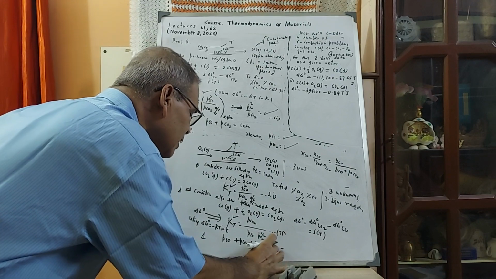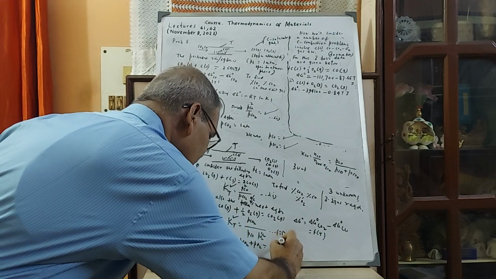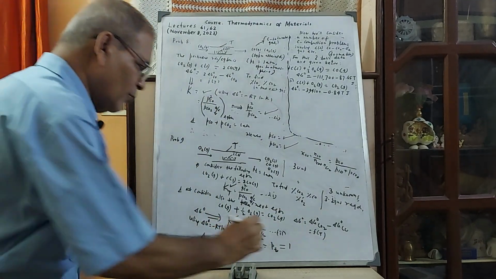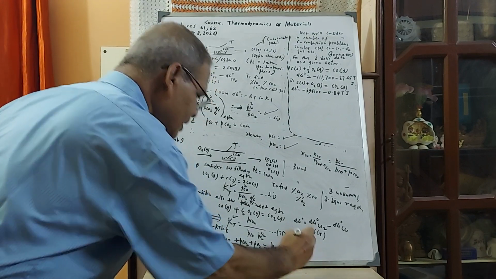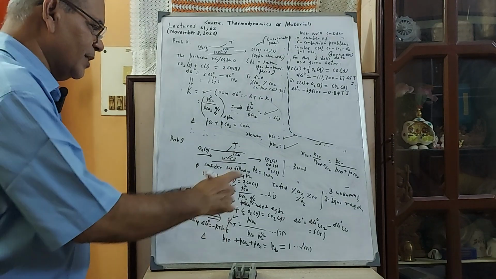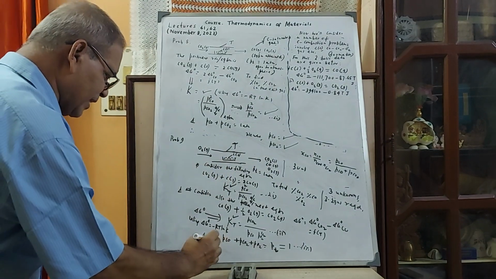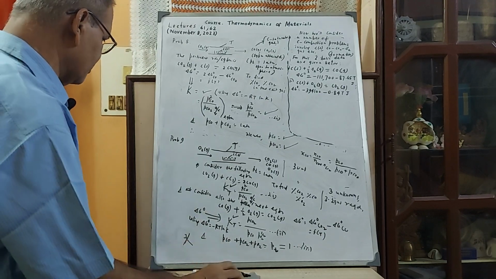How much is it? Right, it is 1. 3 equations, 3 unknowns. So solve. Shall I put a star here, where I write this problem?